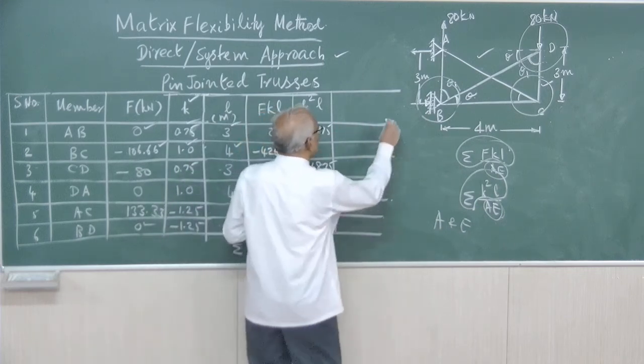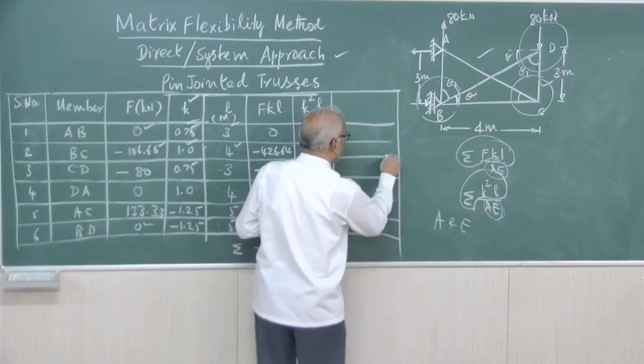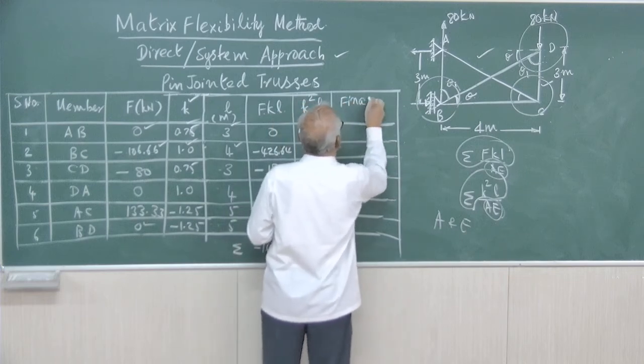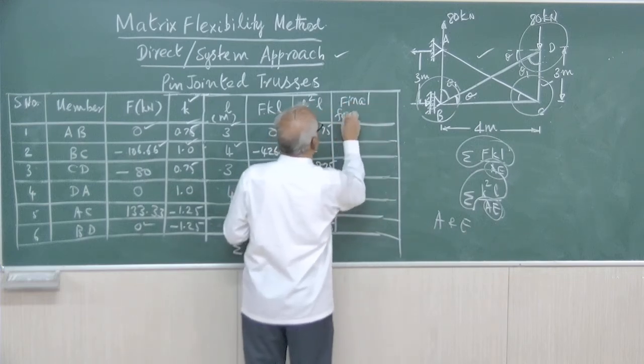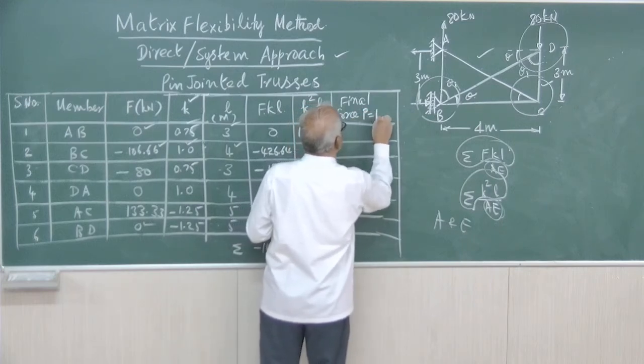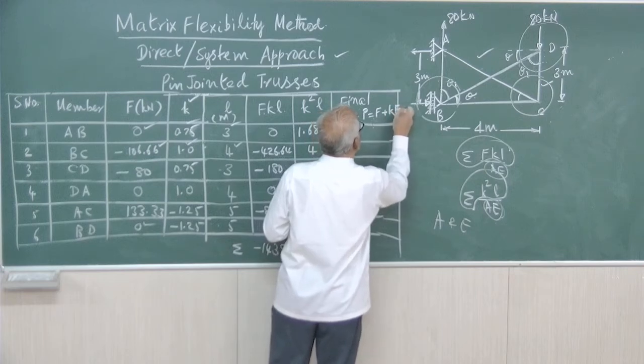So this is for writing the final forces. This is the final force in members. Final force P equal to F plus K into F naught.